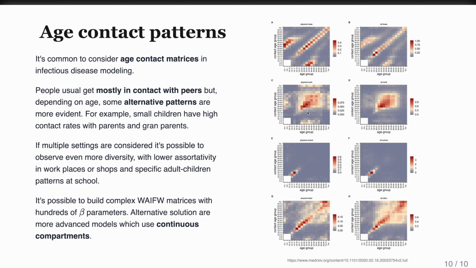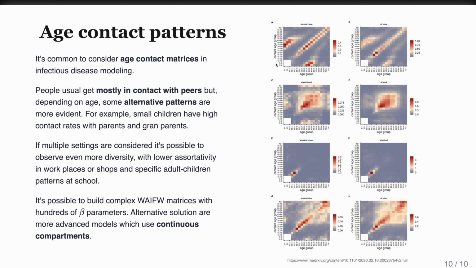And it's possible to have a large number of age groups to consider. In this case, we have almost 20. And as I said before, the number of transmission parameters to consider grows exponentially with the number of risk groups that we are considering.